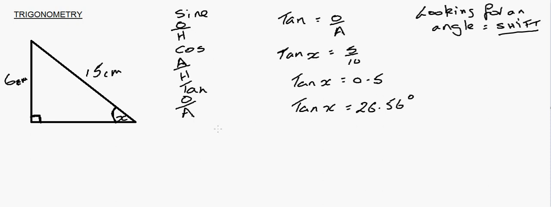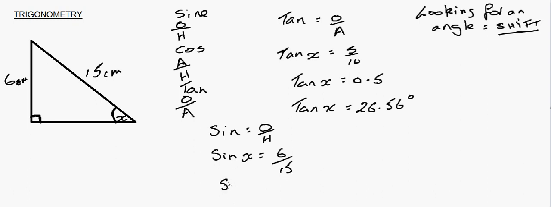So I can say that sine equals opposite over hypotenuse. So sine X equals opposite, which is 6, over the hypotenuse, which is 15.